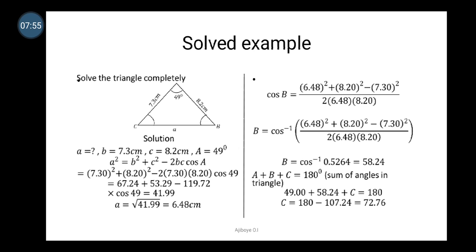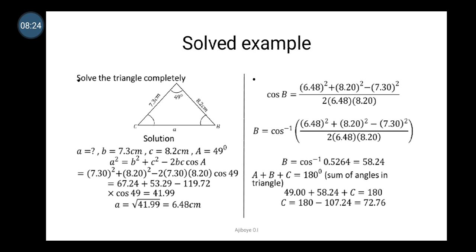On taking the arc cosine, our angle B will be equal to arc cos of that expression. Our angle B is equal to arc cos 0.5264 on simplification, and our angle B will be 58.24.